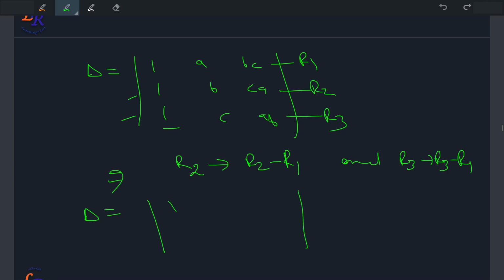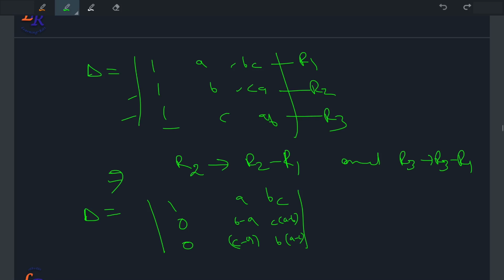The first row will remain the same, the second row becomes R2 minus R1, so it becomes 0, this becomes B minus A, and this becomes C common. So you take C common, so it will become A minus B. Similarly you apply here, it becomes 0, here it becomes C minus A, and this will become B common, and you will get A minus C, right?